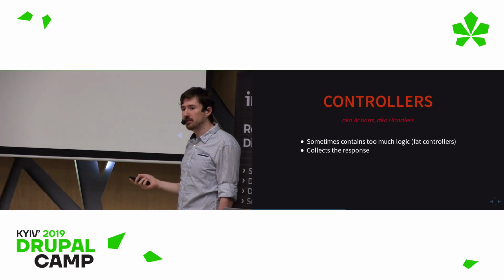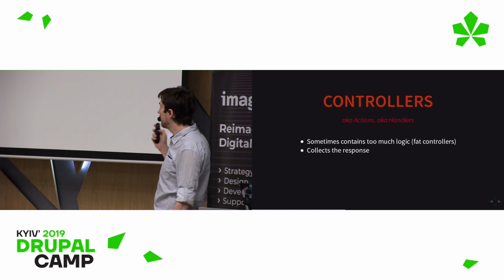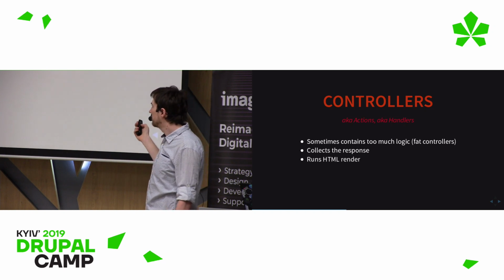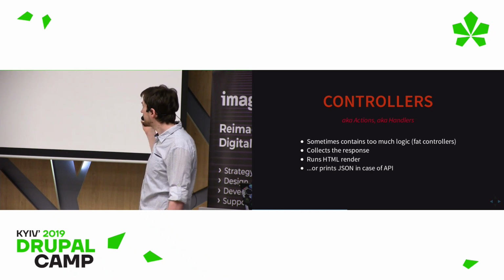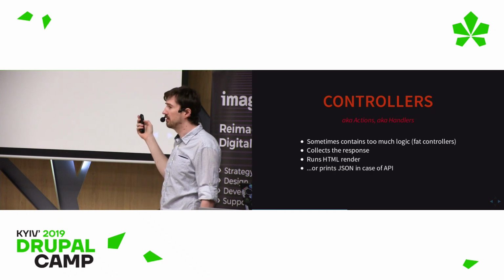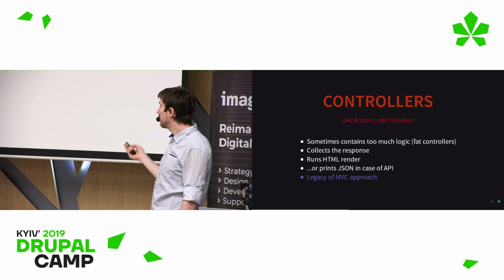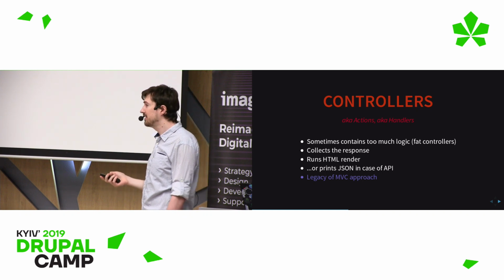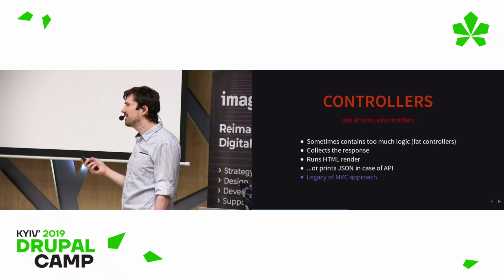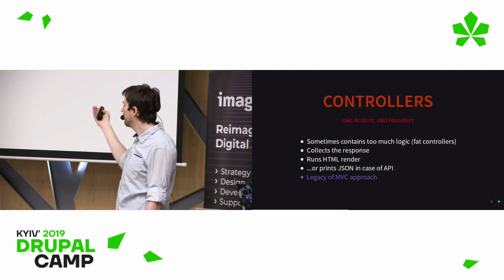They should collect the response, that's all, nothing more. And usually they run Twig or another HTML renderer template, or just print JSON for the API. The controller is a legacy of the MVC approach. Everyone knows what MVC is. I really don't like MVC, but the controller is just the C from MVC.